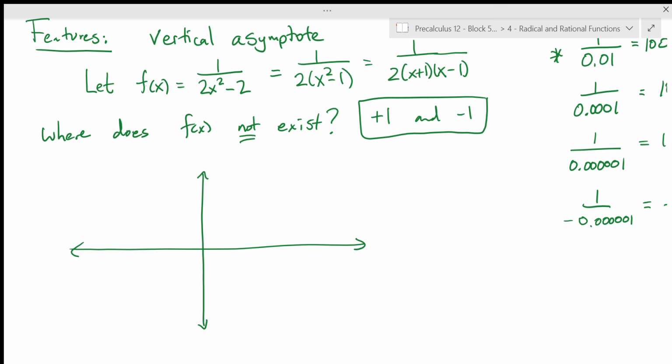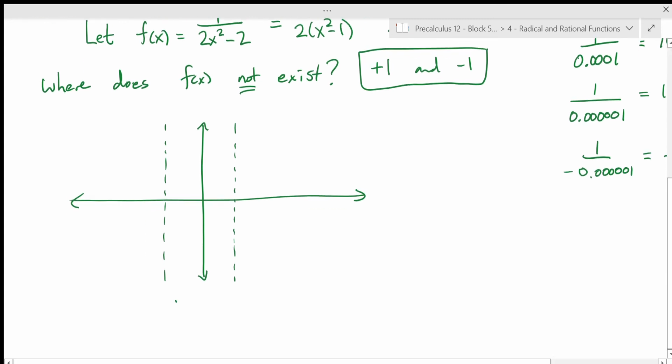Because when you're getting closer to your vertical asymptote, you're making your denominator just get smaller and smaller. So we have here at 1 and negative 1, we draw vertical asymptotes as a line. So these are our vertical asymptotes, and they are caused where f of x does not exist. Okay?